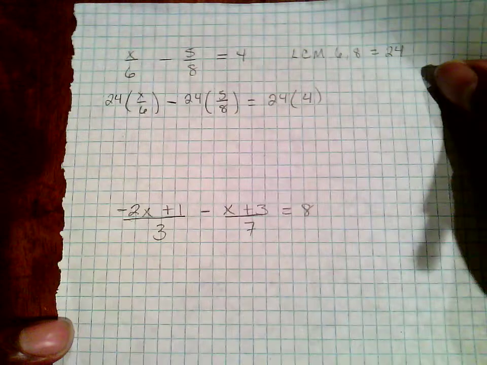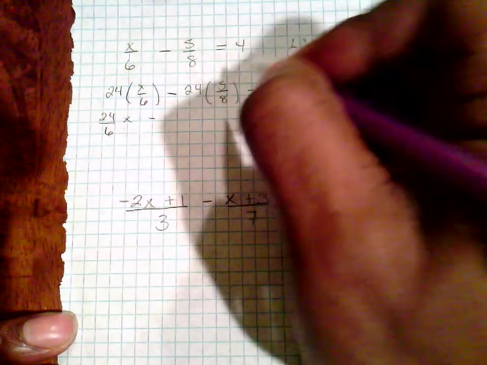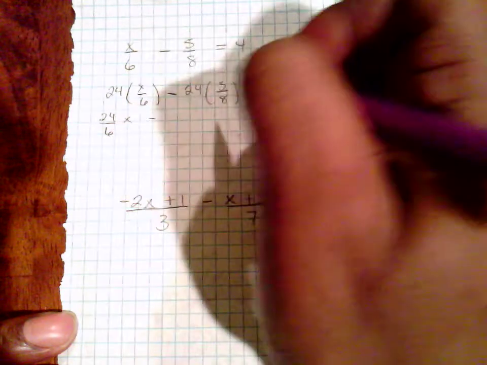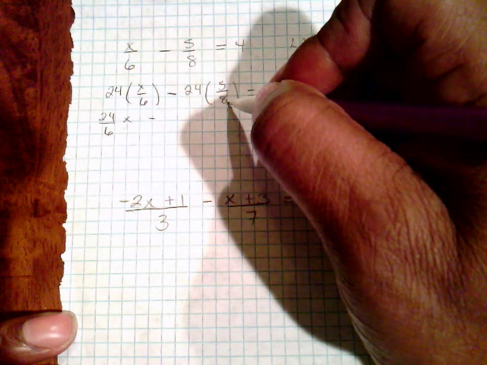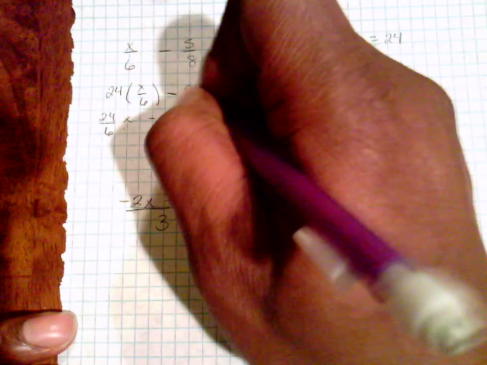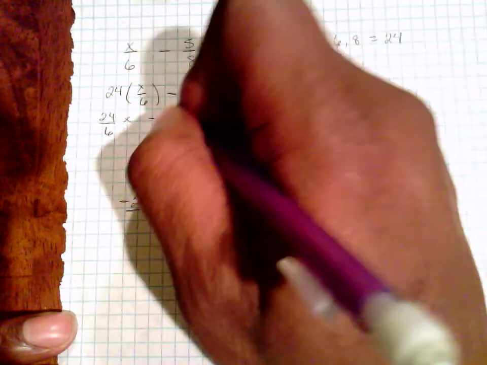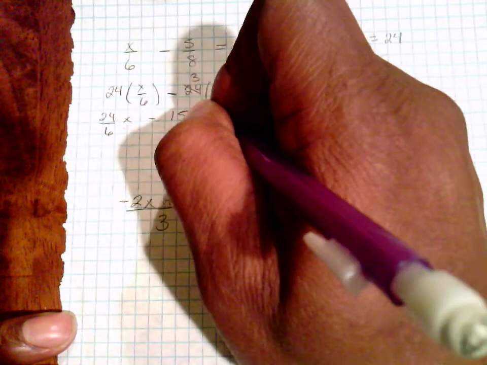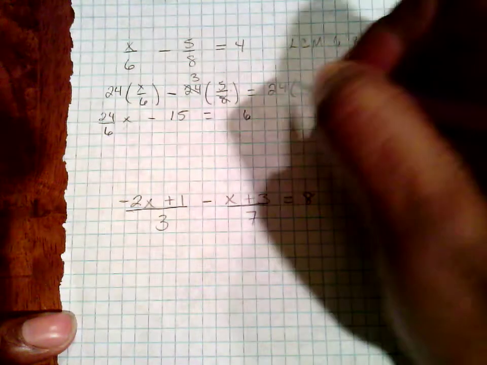All right, now it gives me, 24 divided by 8, that's going to give me 3. And 3 times 5 will give me 15. So equal to 4 times 4 here is 16.